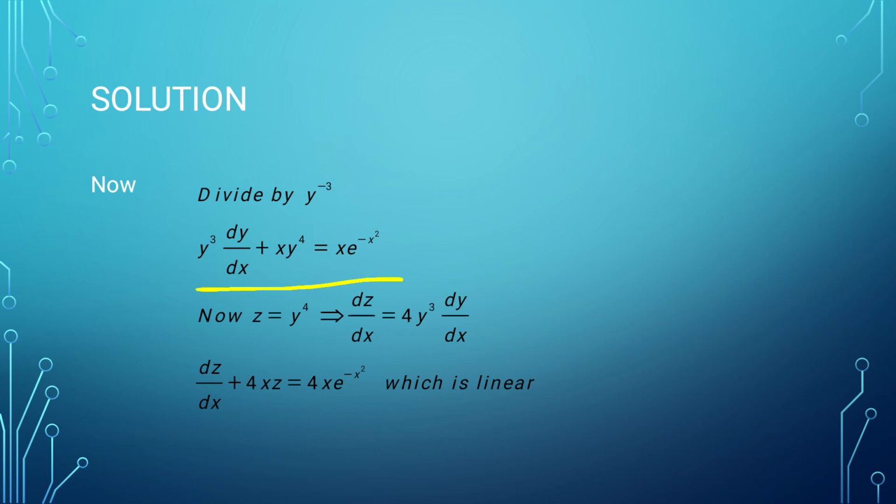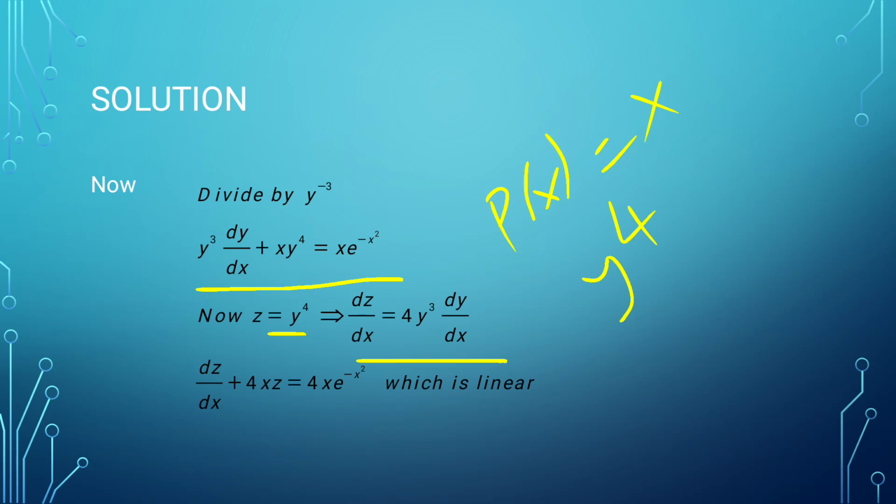Then next we take z to be whichever is with P(x), because our P(x) in this case here is x. What is with this is actually y to the power 4, so that is our z. Then we get the derivative dz/dx, which gives us this.